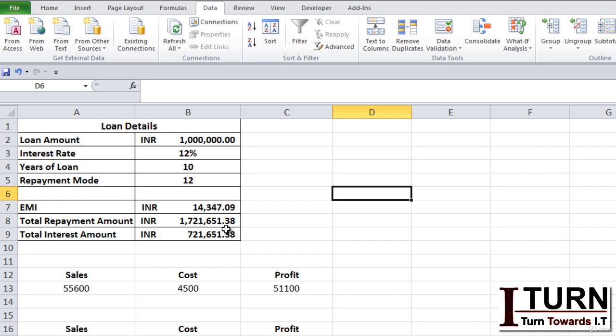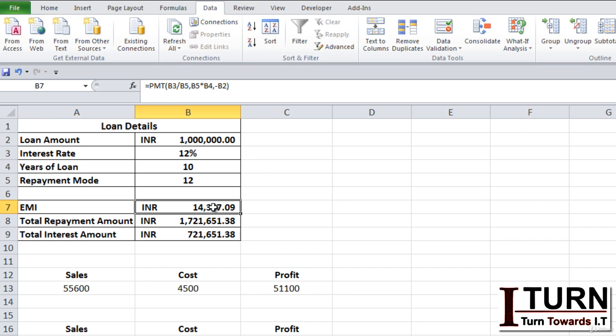So immediately I asked my friend whether they have considered it as a reducing rate of interest or fixed rate of interest. According to my friend, they have told him that it's going to be a reducing rate of interest, but this is not the case. So again, I'm going to check whether the interest rate they are considering is 12 or something more. So how to know this? Here in EMI, we are going to set a goal, and the goal is 16,500.